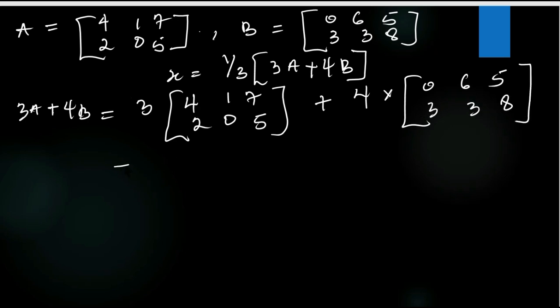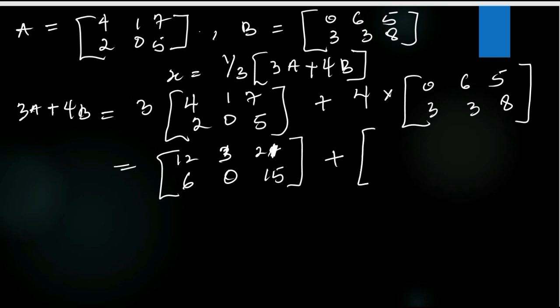So that will be 3 times 4, that's 12. 3 times 2, 6. 3 times 1 here, that's 3. 3 times 7, that's 21. 3 times 0 is 0. 3 times 5 here is 15.